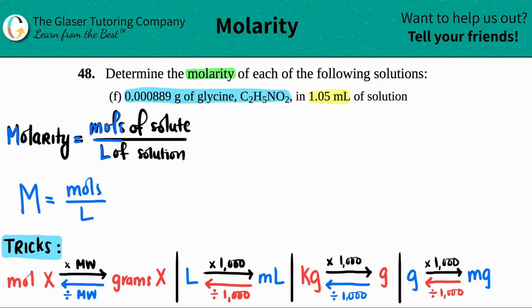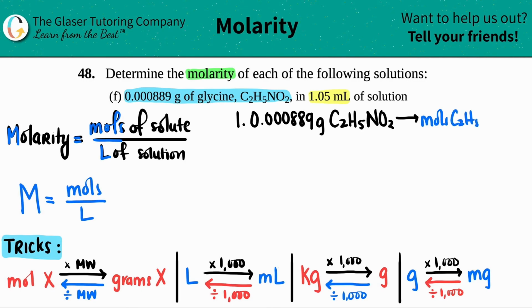Doesn't matter which conversion we do first, but the first thing we have to do is convert 0.000889 grams of glycine, which is C2H5NO2, into moles of glycine, C2H5NO2. Fun fact, glycine is one of our amino acids that is necessary for our body to work.